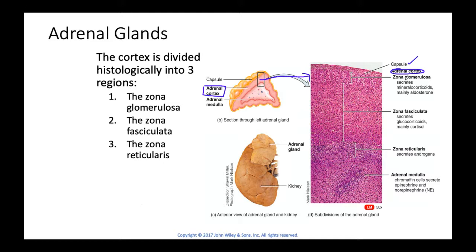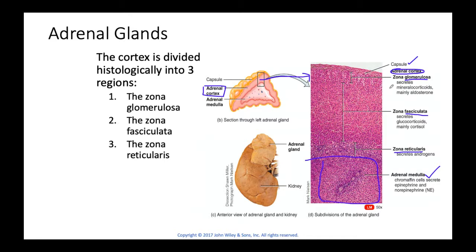We're going to have the zona glomerulosa, the zona fasciculata, and then we're going to have the zona reticularis. So those are three main parts of the adrenal cortex. Once we're deeper than the zona reticularis, then we're down here in a deeper part, which is the adrenal medulla.